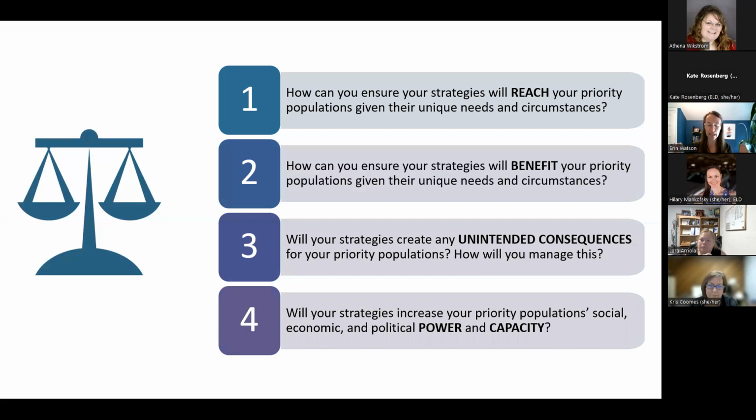It's kind of like an ethical obligation to continually build up and support and advance the power and capacity of priority populations. Okay, so here's 4 questions that, as you ask them in strategy design, can allow the group to focus more on how we can simultaneously design this to advance equity.